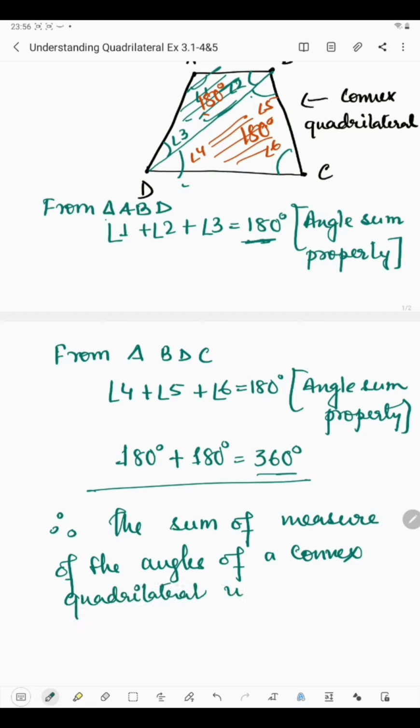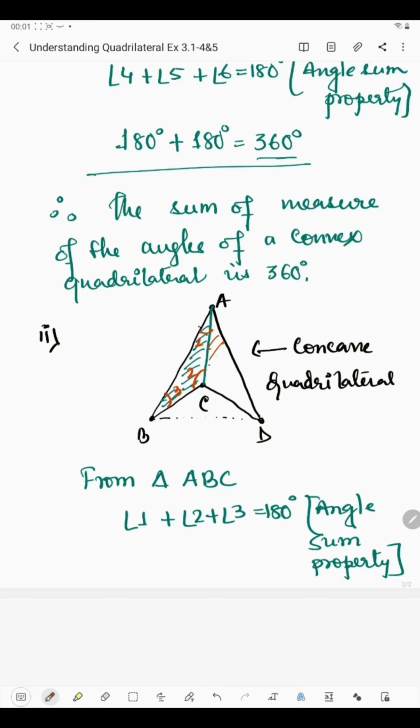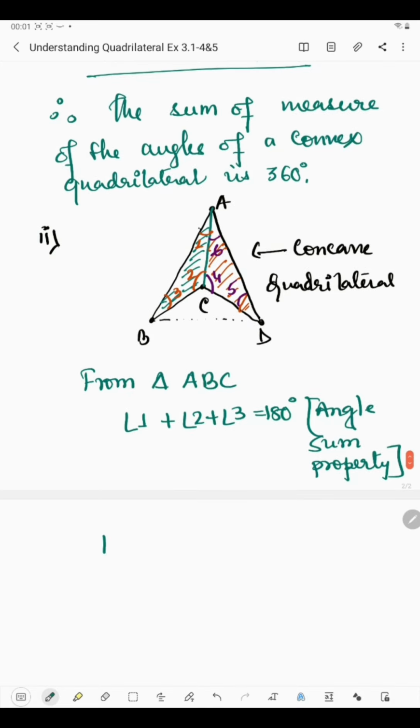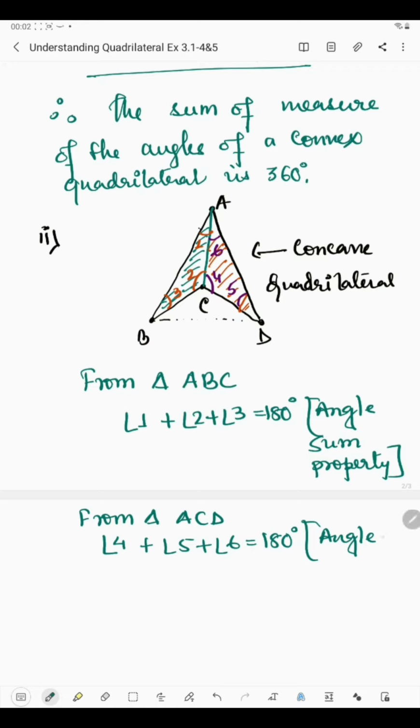Now we will have to find the sum of angles of triangle ACD. For this let's take angle 4, 5 and 6. From this triangle ACD we will find the sum of angles. Angle 4 plus angle 5 plus angle 6 again makes 180 degrees by the angle sum property.